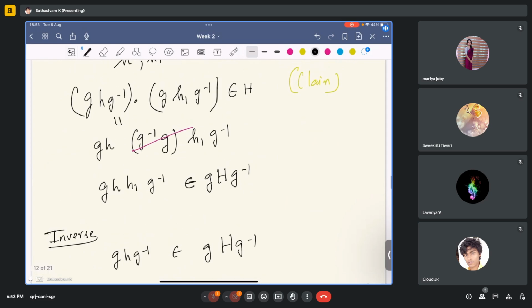From this calculation, try to see what H1 I need to put to get identity. You put any H1, this is what I'm getting, but I want to make this the identity, right? So what H1 should I choose?